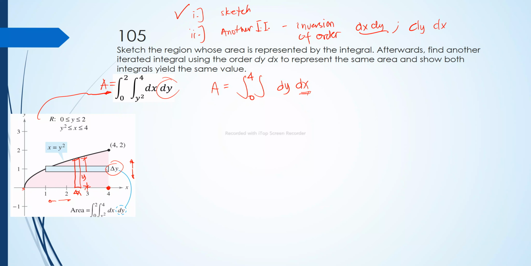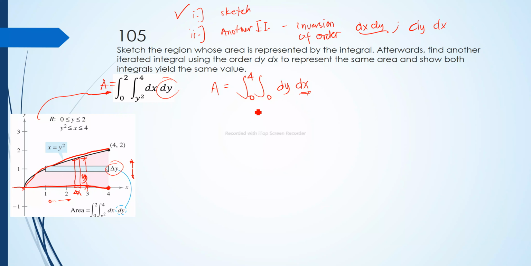How about for y? If you look at y, our lower limit is at 0, and our upper limit varies according to this curve.